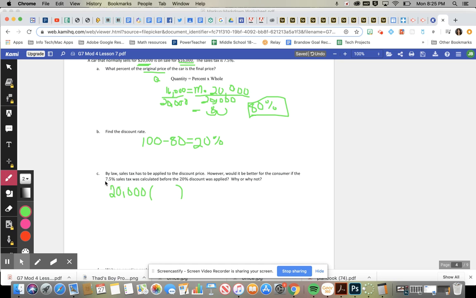sales tax. Well, sales tax we know is an amount that's added on. So we have 100% plus 7.5%, which is 107.5%. And I have to change that to a decimal, so move it over 2 places.